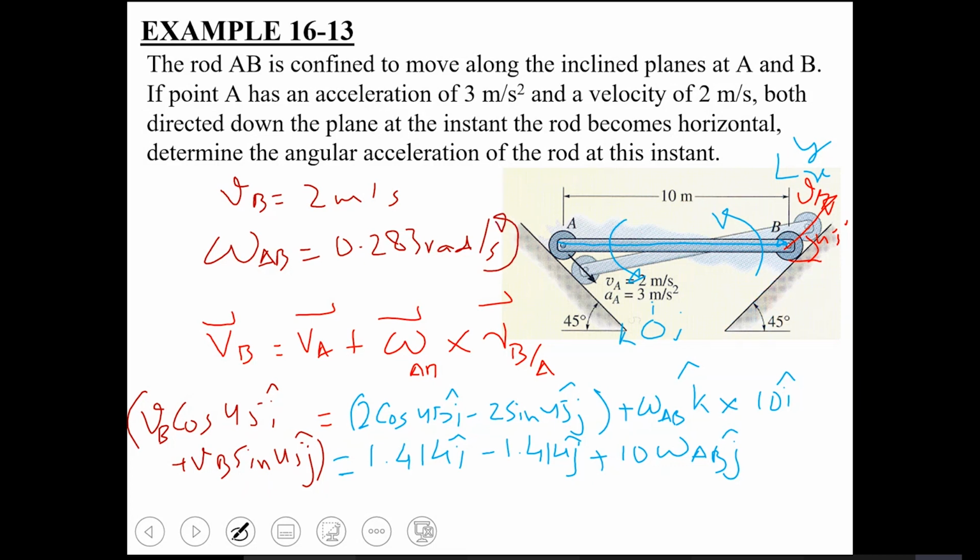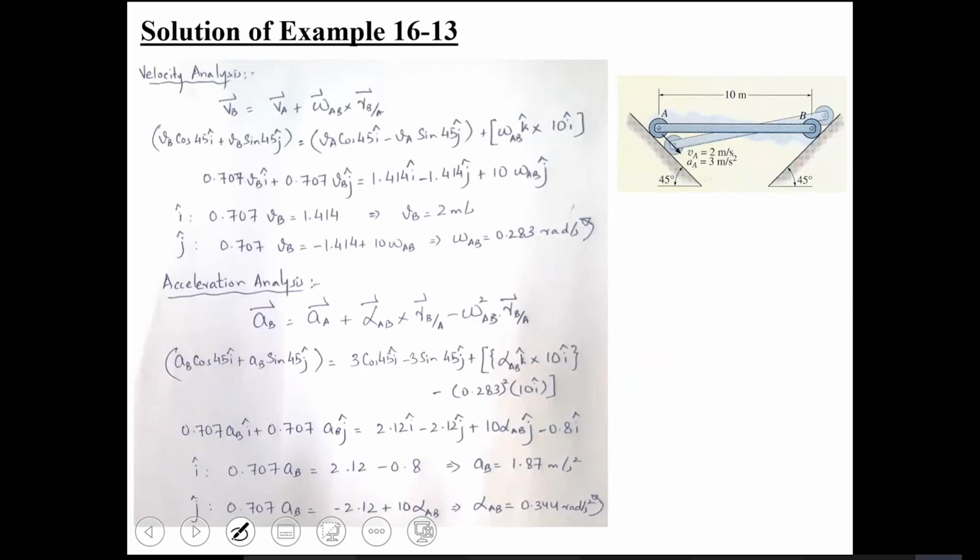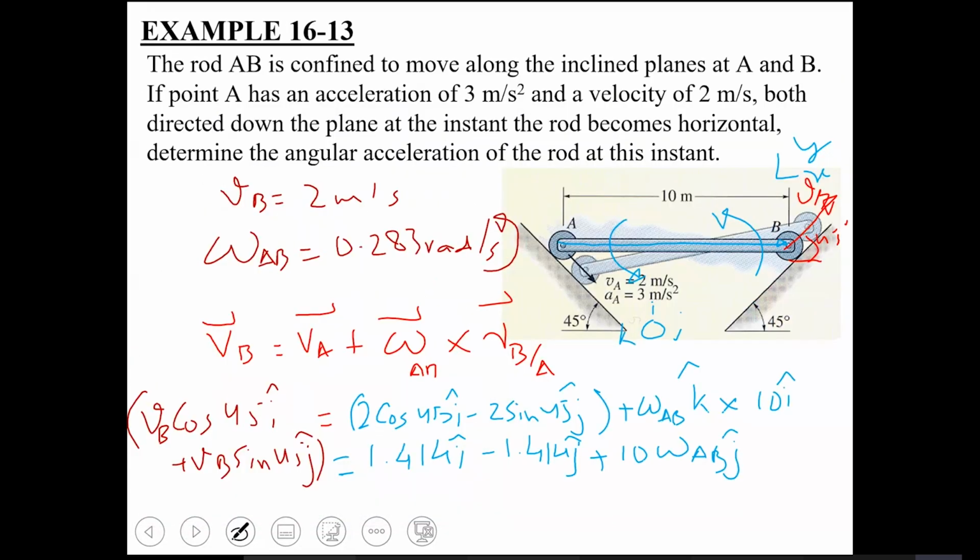So our assumption is correct, and this link AB is rotating in a counterclockwise direction. So you have completed this velocity analysis and determined the values of VB and omega as shown here. Is this point clear to all of you?